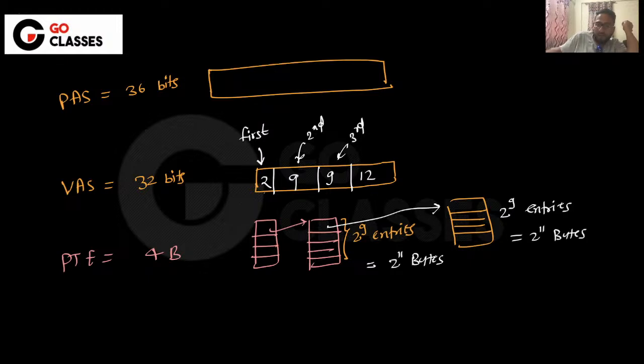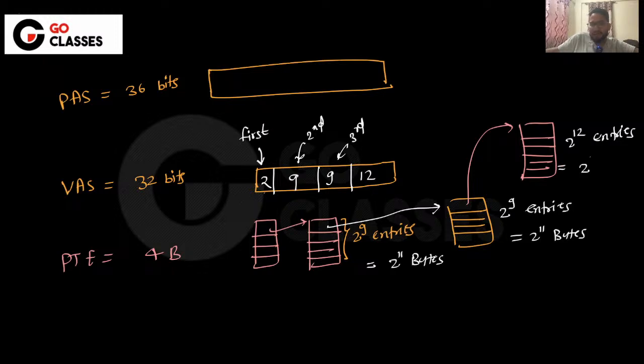Again, this is pointing to something which has 2 power 12 entries, where here the entries are just bytes, 2 power 12 bytes. So I hope this diagram is clear to everyone.